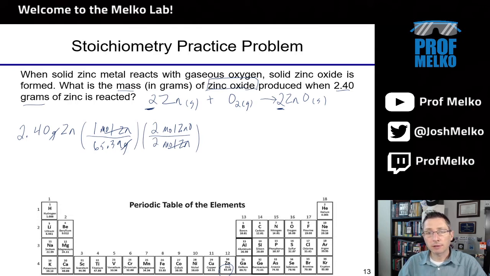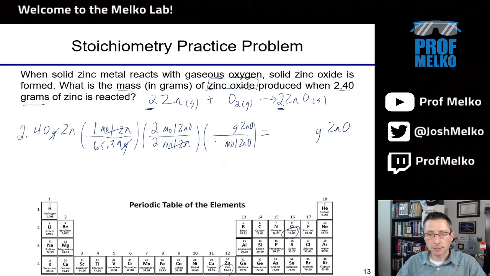Now I have the unit left, moles of zinc oxide, and the last step of the stoichiometry problem is to convert this moles of zinc oxide to grams. I put the unit moles down here in the bottom, and grams of zinc oxide in the top, since ultimately that's the unit I want. This is grams per mole, that is a molar mass. I get that by adding up this 65.39 from zinc with the 16 for oxygen to get the molar mass of zinc oxide.